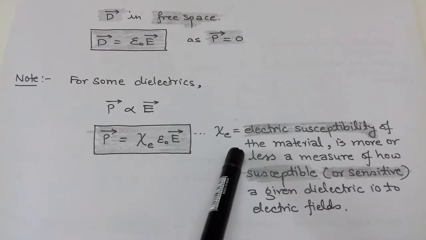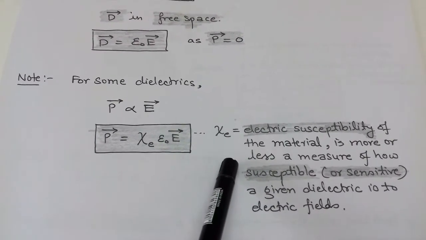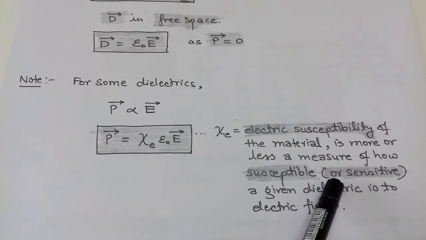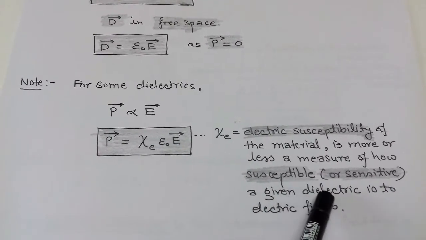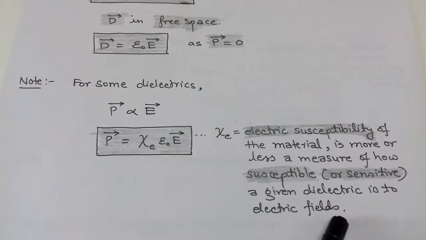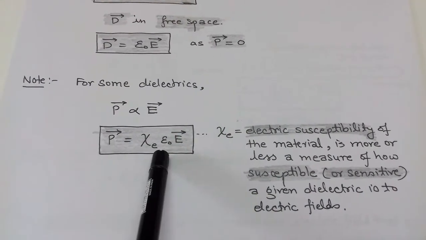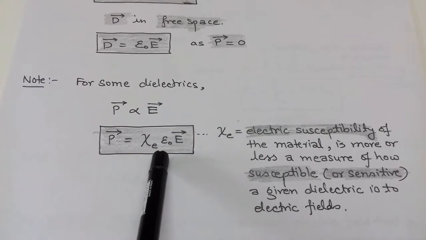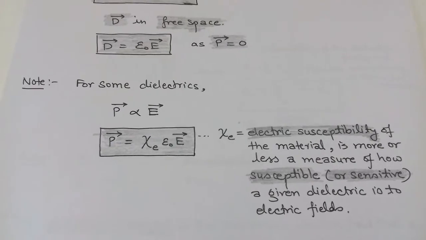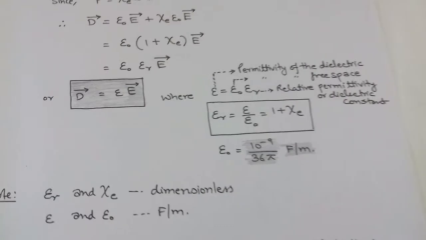That electric susceptibility is of the material which is used for the dielectric. It is a measure of how susceptible, that is, how sensitive, a given dielectric is to an electric field. So the polarization formula in terms of electric susceptibility is P equals psi E epsilon naught E, and psi E is a sensitivity factor.